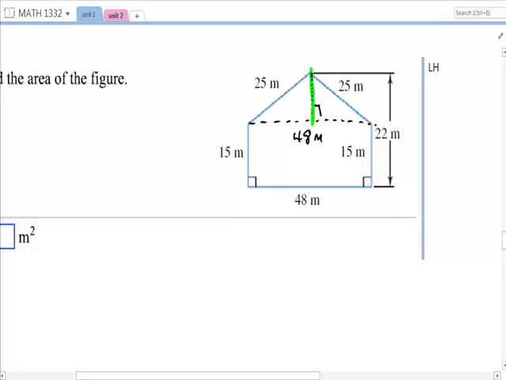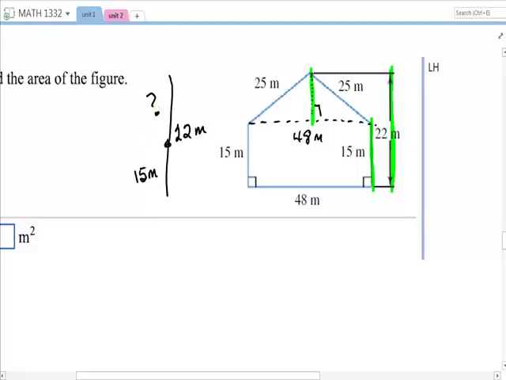Good. Some people have an easier time doing that than other people do. This missing piece, this 22, this 15 and this 22 are all parallel parts, and we can do compression. What we would have, at least this is the way I see it, this is 22 meters. Up to here is 15 meters, and this part is unknown.